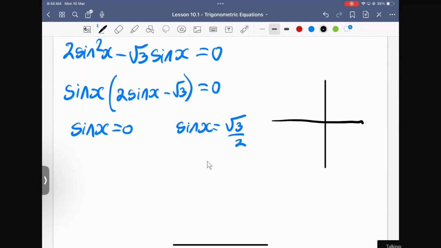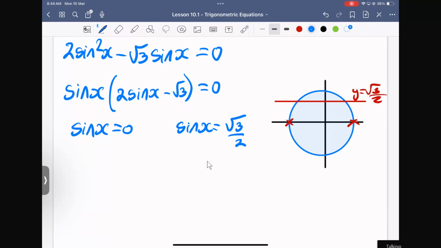Is sine the x values or the y values? It's the y values. So we want a y value where the y value is equal to 0. It's going to be here and here. And we also want where the y value is equal to root 3 over 2. So that's going to be this line here. This is the line y is equal to root 3 over 2.